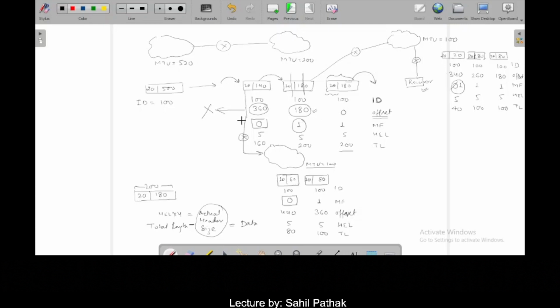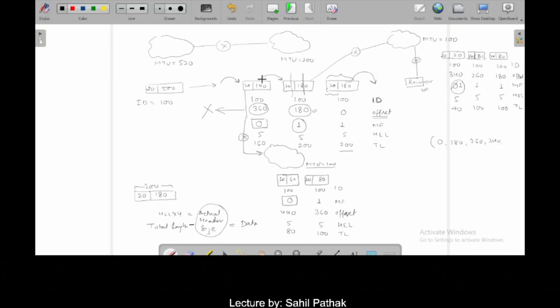Let's first assume that this is the final solution. So how many fragments will the receiver get in total? Fragment 1 with offset value 0. Then this fragment is further divided into 3 fragments and offset values are 180, 260 and 340.